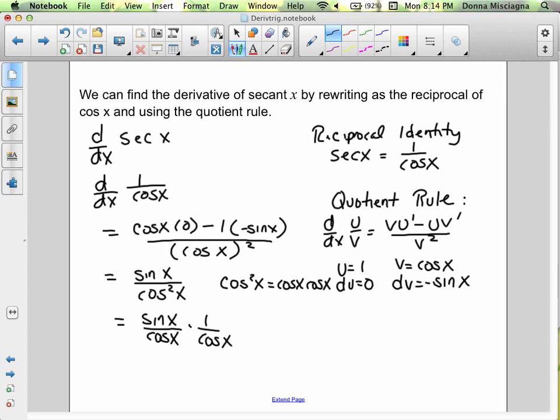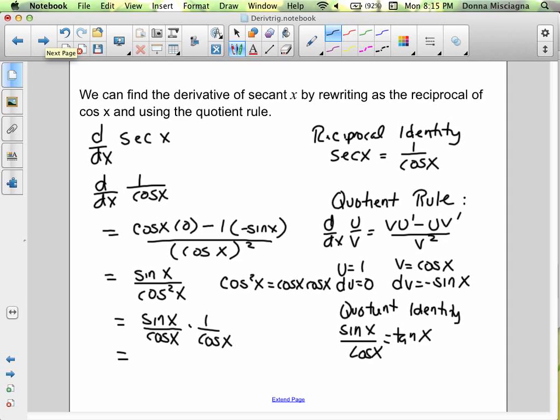Notice we just rewrote it. We haven't changed anything. 1 times sine x is still sine x. Cosine x times cosine x is cosine squared x. But now we could rewrite these. We could use a quotient identity to change sine x over cosine x into tangent x.